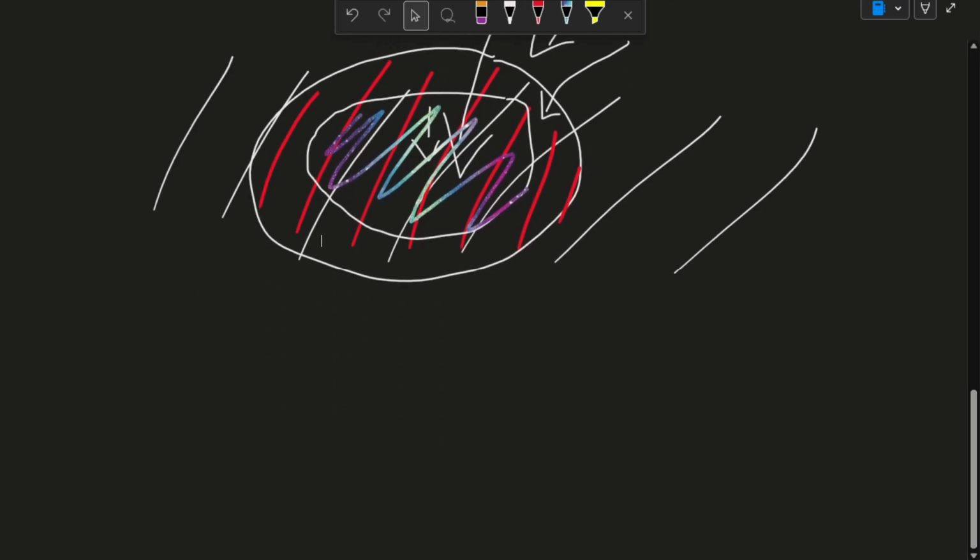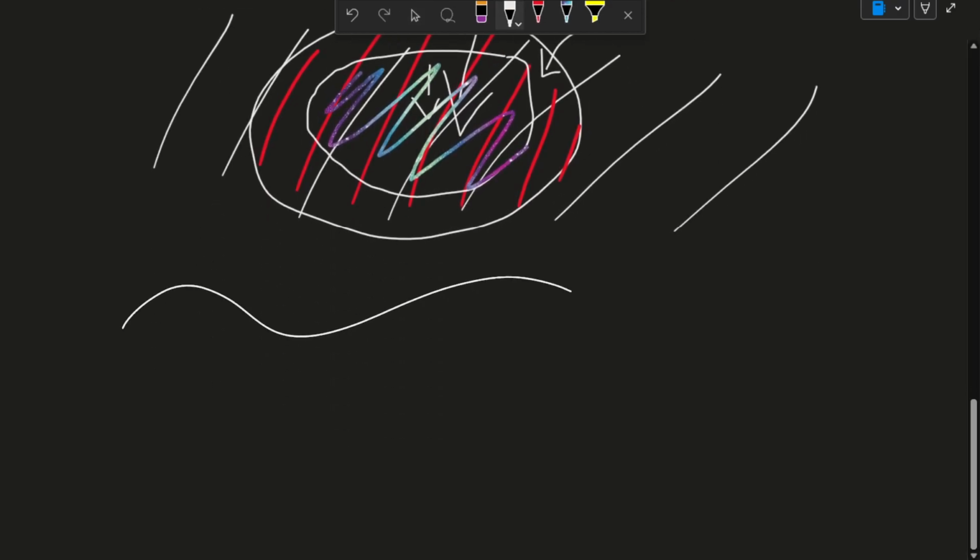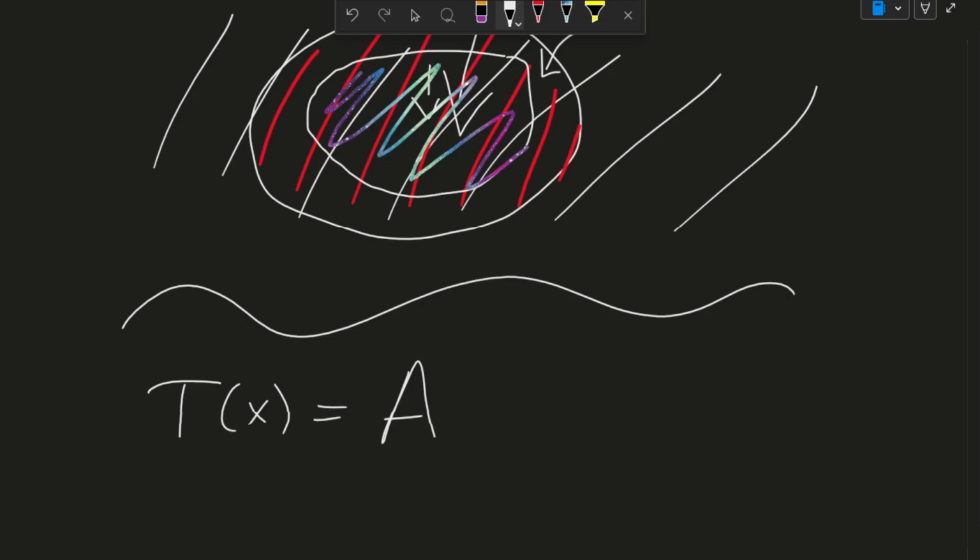But just from this kind of argument, right, what we can assume is that if I have an affine transformation T, and we're applying it to X, then this affine transformation is going to have some linear part, some part of it that's linear, right?